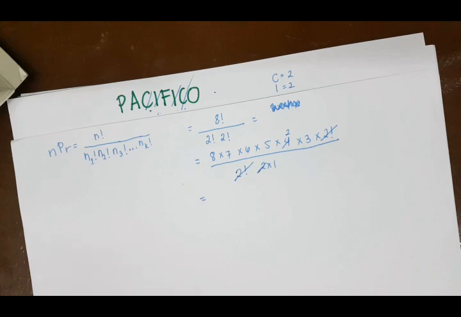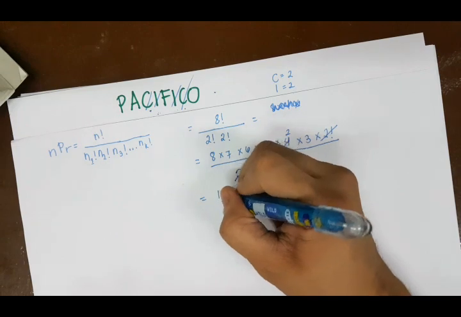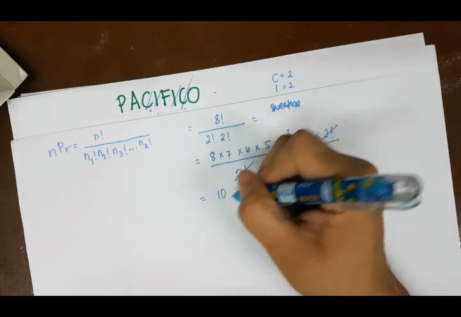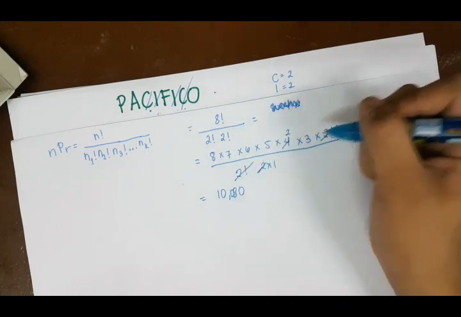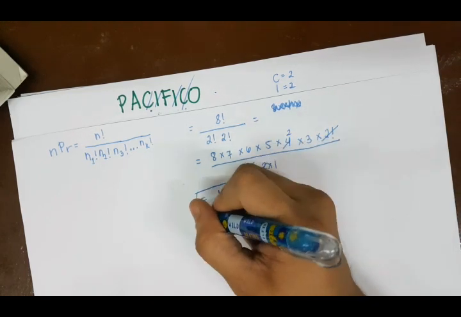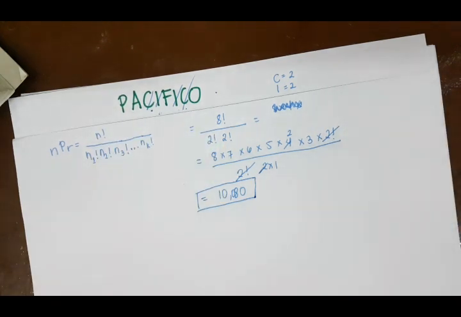So 8 times 7 times 6 times 5 times 2 times 3. So there are 10,080 ways to arrange these letters.